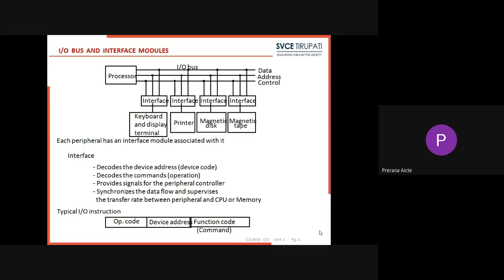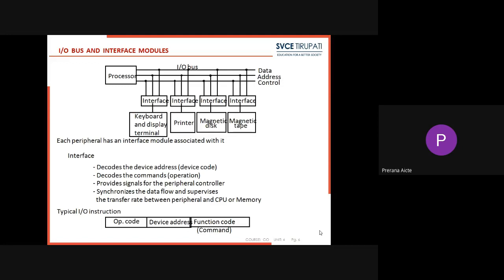And the second one, status. The status command is used to test various status conditions in the interface and the peripheral. For example, the computer may wish to check the status of the peripheral before a transfer is initiated. And third one, data output. The data output command causes the interface to respond by transferring data from the bus into one of its registers.